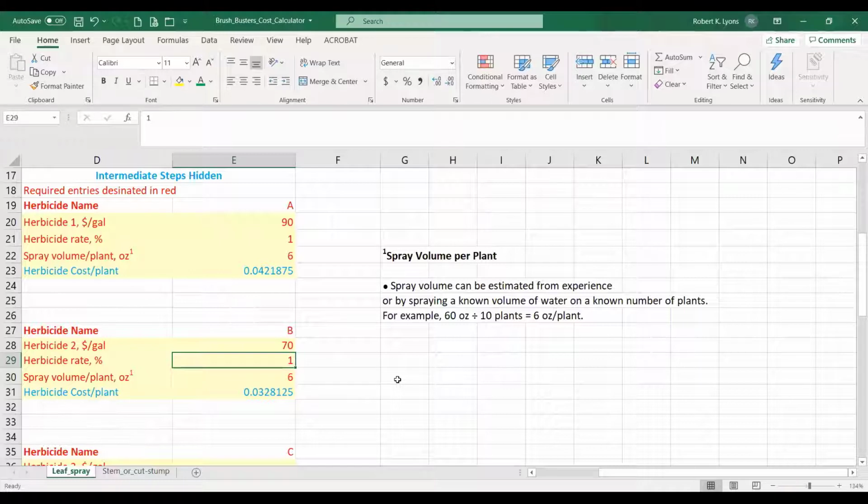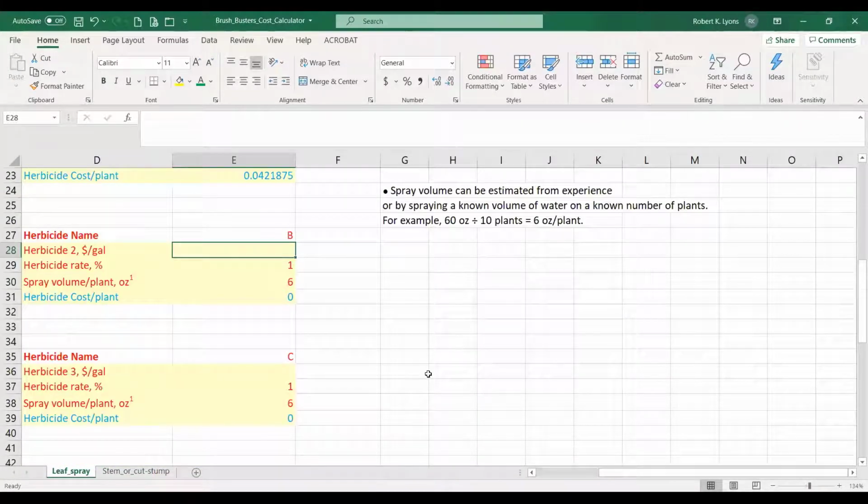Our herbicide rate is still 1%. Spray volume is still 6 ounces. So it calculates that particular herbicide would cost us 3 cents per plant. So if you don't enter anything, it won't calculate a cost for that particular herbicide.